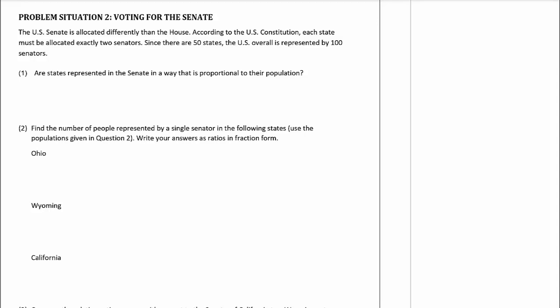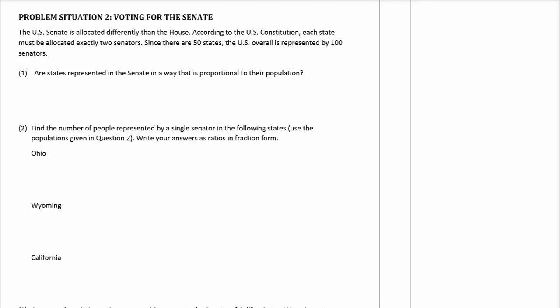Okay, so I'm hoping you're also hearing this on the news and being aware of how things are running in the United States. So there are 100 senators, and each state gets 2. And here's the question, based on your understanding of what you just read: are states represented in the Senate in a way that is proportional to their population? In other words, does it matter whether the population is large or small?